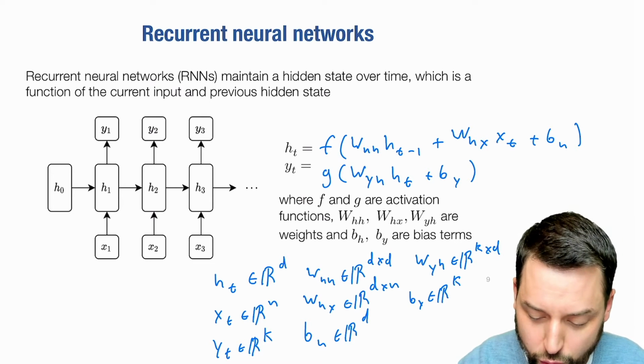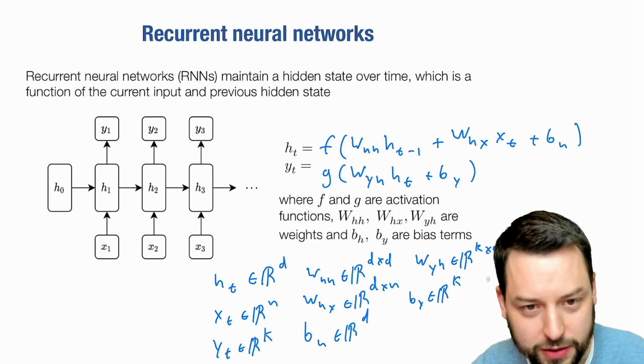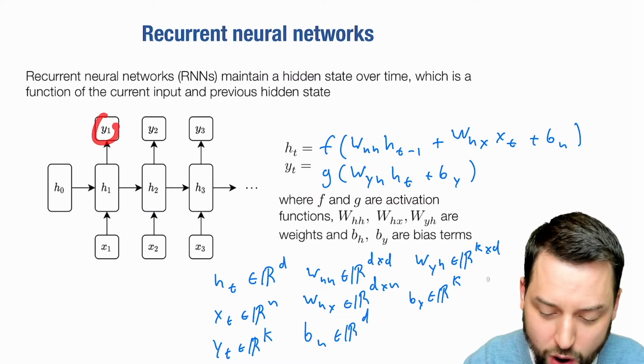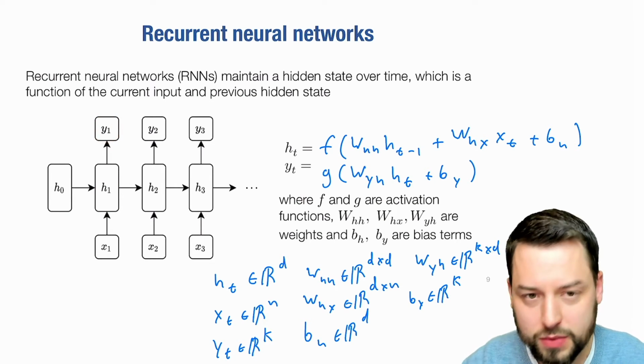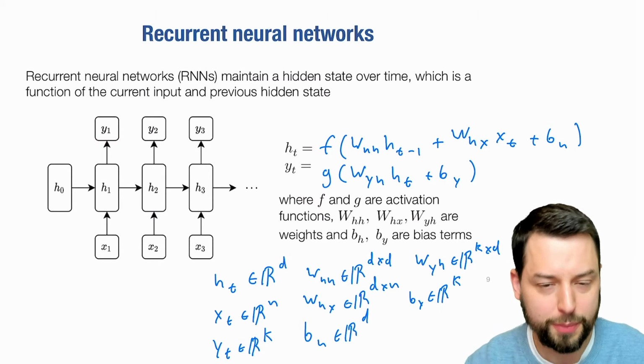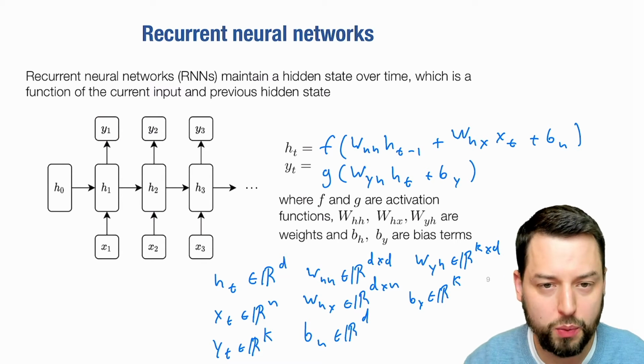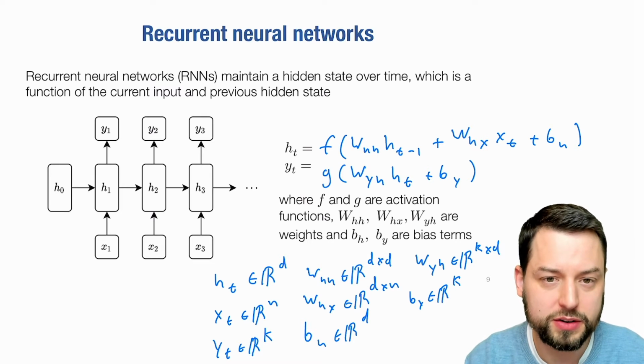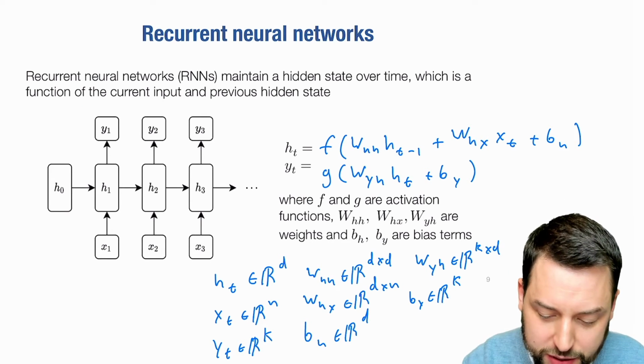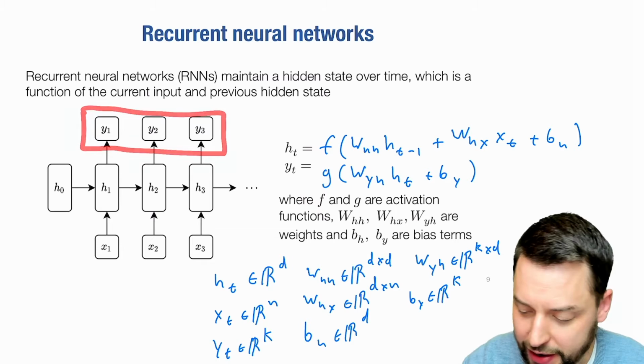When you form H1, you use these terms, and when you form Y1, etc. These are the parameters of our network, and we want to adjust them so as to make our outputs match some target outputs.